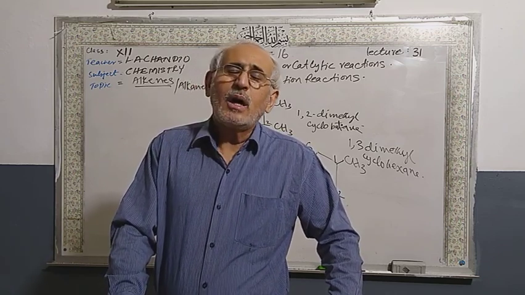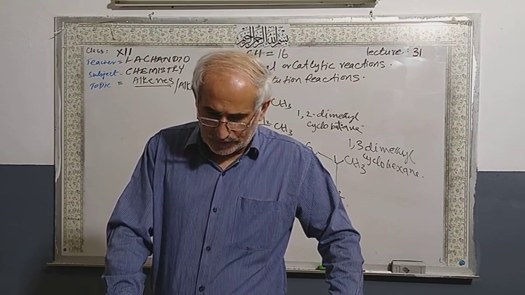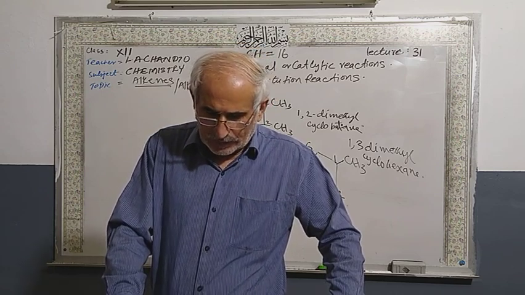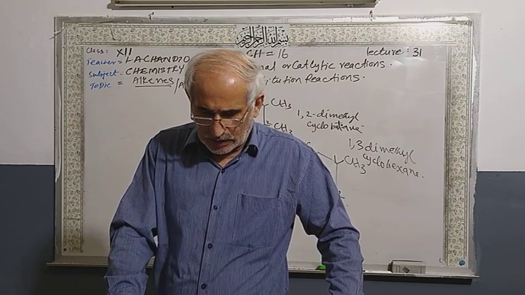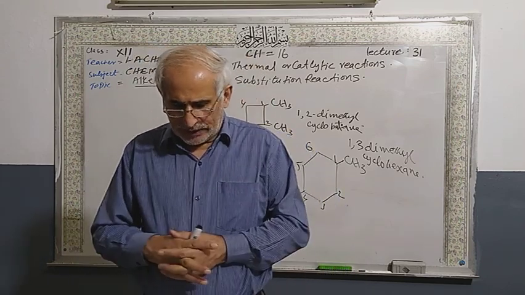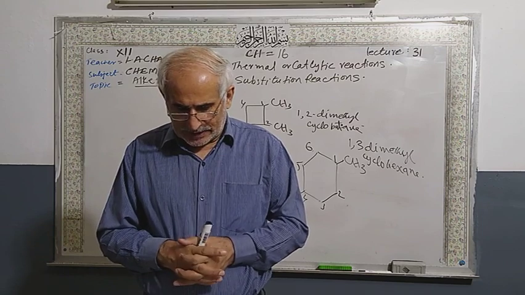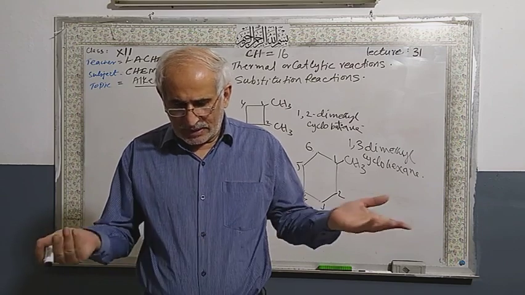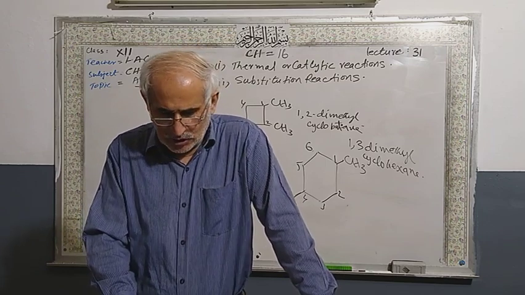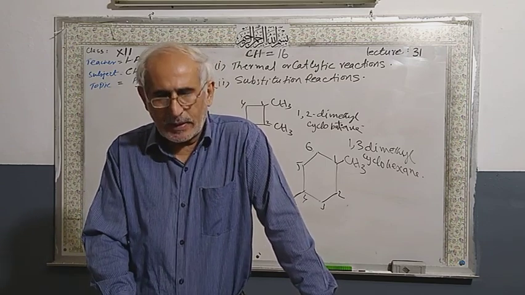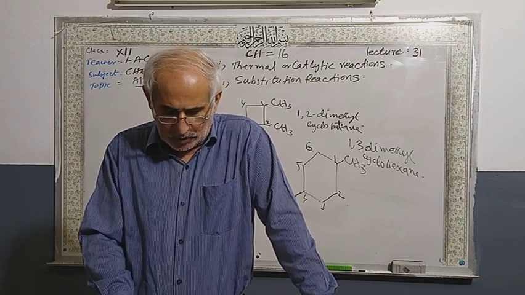There are London dispersion forces between the carbon-carbon bonding, like alkanes, low melting and boiling points. Cyclopropane, cyclobutane, cyclopentane, cyclohexane, cyclohexene. Similar reactivity close to the alkanes due to the presence of sigma bonds, carbon-carbon bond and carbon-hydrogen bond.